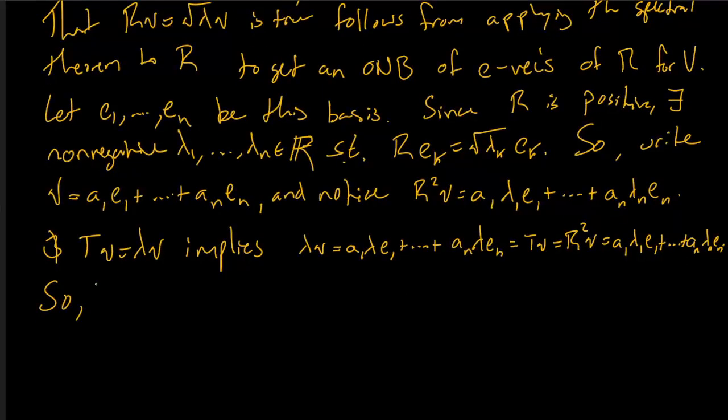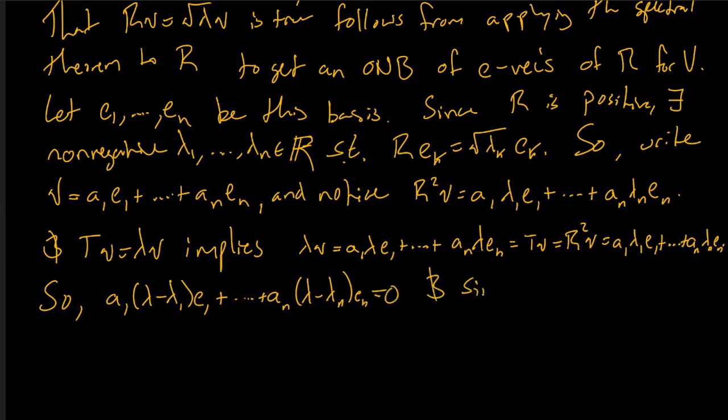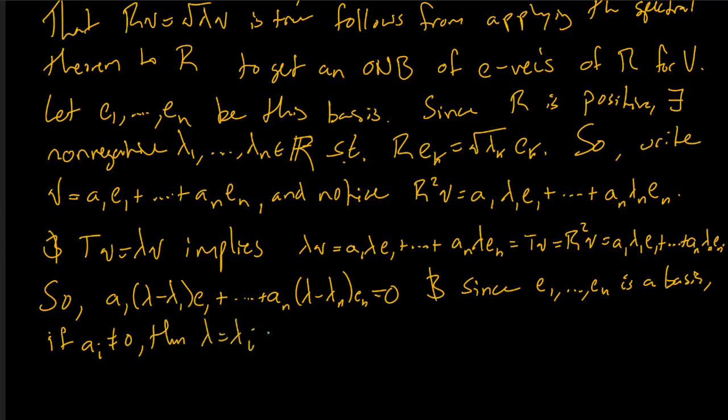So a1 times (lambda minus lambda 1) e1 plus dot dot dot all the way down through an times (lambda minus lambda n) en is equal to 0. And since e1 through en is a basis, if ai is not equal to 0, then lambda is equal to lambda i.